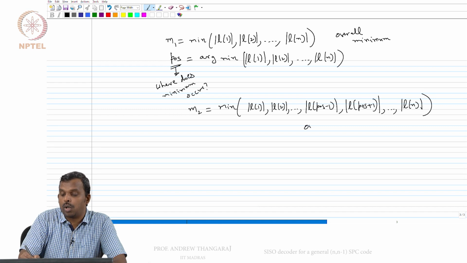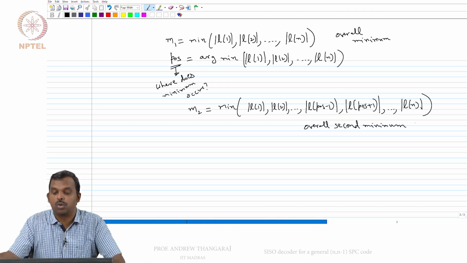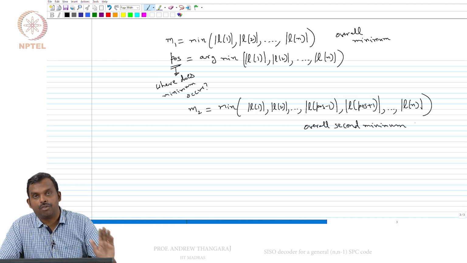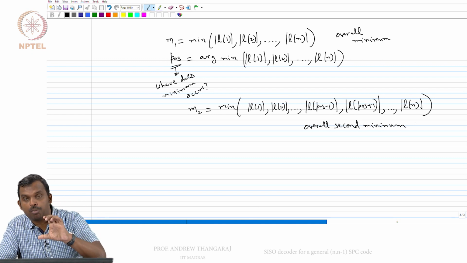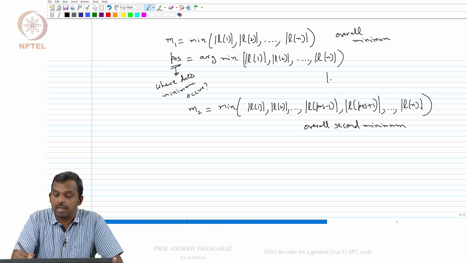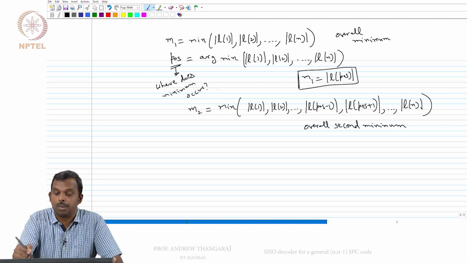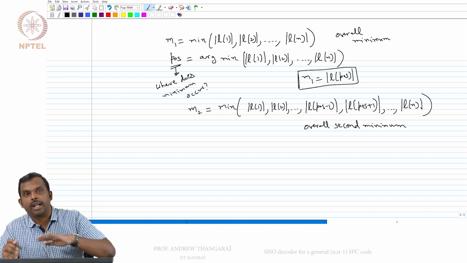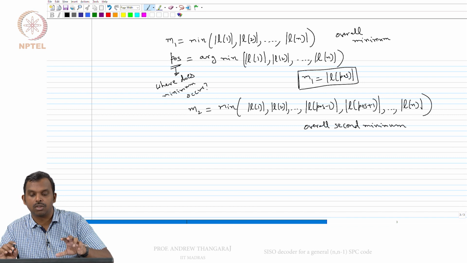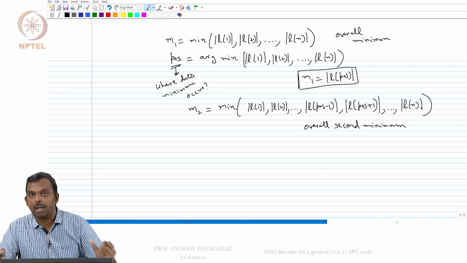So, this is the overall second minimum. What is going on here? I find the overall minimum and then find out where that minimum occurs, and then I knock out that value. So, I take that L of pos and throw it out. Remember, m1 equals L of pos. So, that is the point here, where does the minimum occur. I find where the first minimum occurs and throw it out, and among the remaining values find the minimum again. So, this is the overall second minimum, and that is m2.